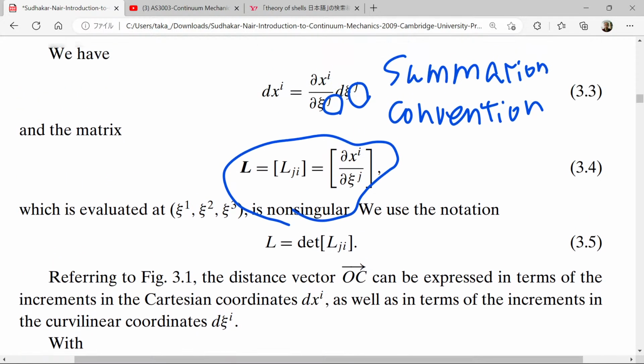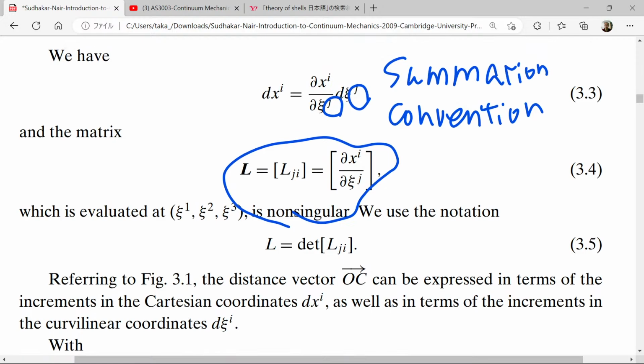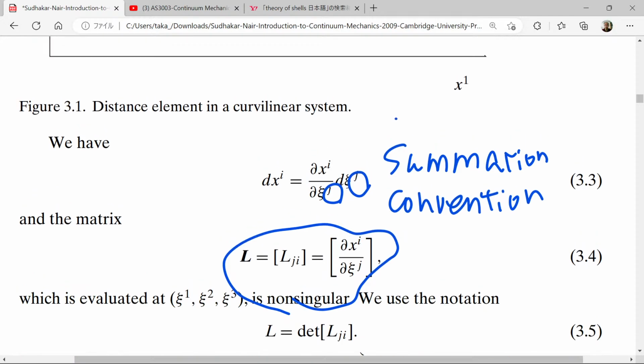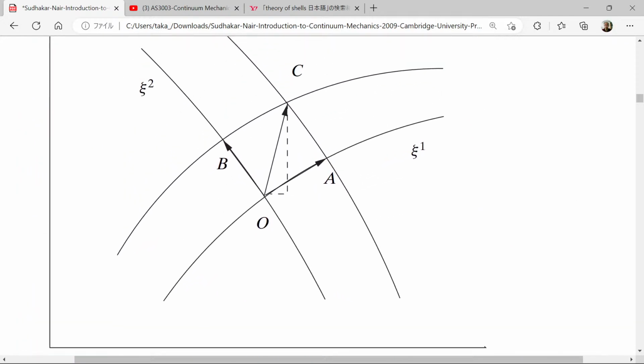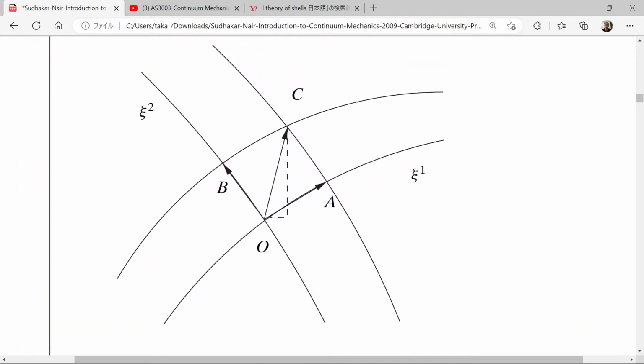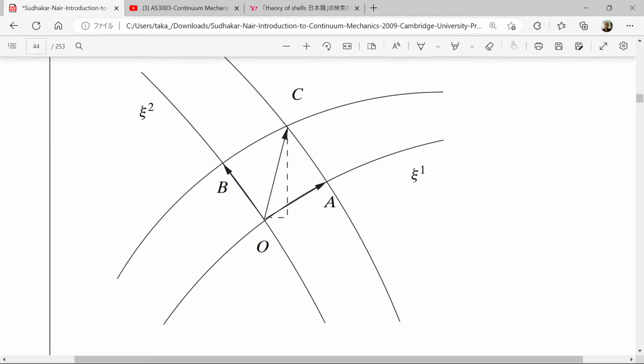Referring to figure 3.1, the distance vector OC can be expressed in terms of the increments in the Cartesian coordinates dx_i as well as in terms of the increments in the curvilinear coordinates d xi_i.